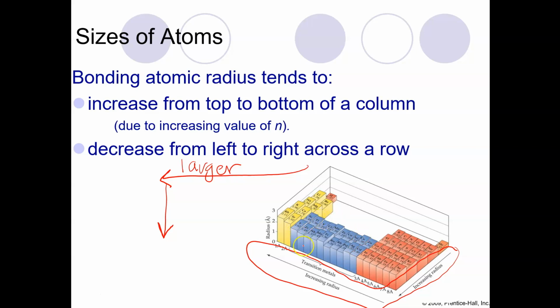For the blue, which are the transition metals, the D, we kind of see some up and down and up and down and up and down. So we're just going to ignore the D block atoms because they don't follow this trend. Notice the F block isn't even shown. Yep. So we're going to ignore those as well.